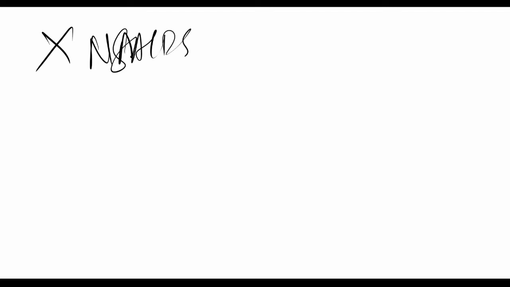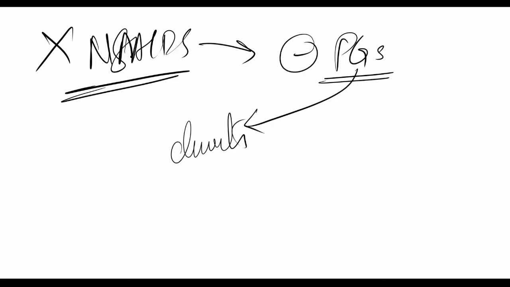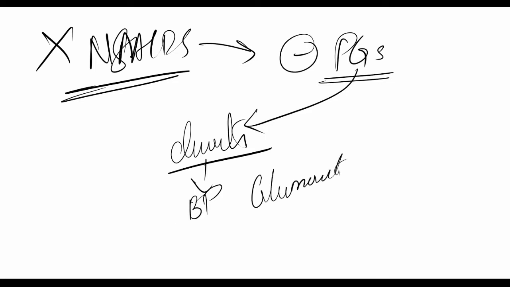Now, you're not supposed to use NSAIDs when you're using these drugs, because NSAIDs inhibit prostaglandin synthesis. Prostaglandins maintain the blood pressure in the glomerulus by constricting the arteries, and increasing BP leads to increased diuresis.